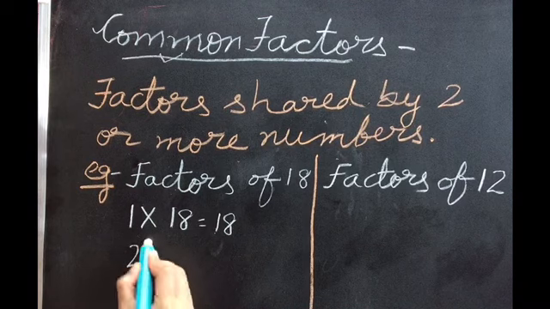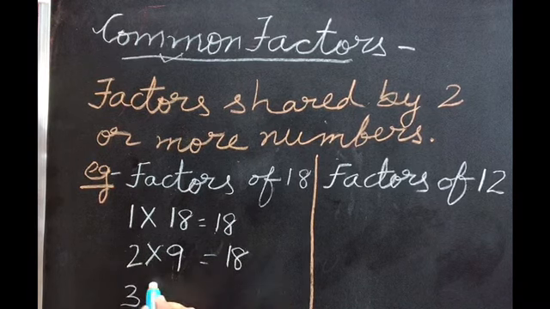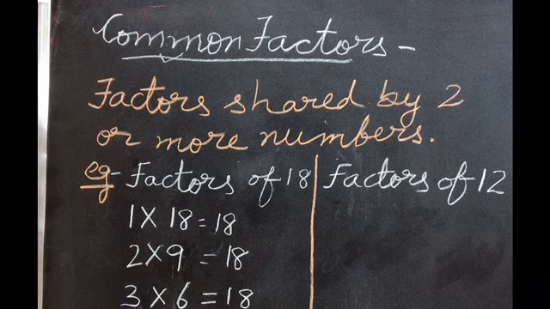Then 2 multiplied by 9 equal to 18. 3 multiplied by 6 equal to 18. 4, 5, 6 we have already included. So what are the different factors? 1, 2, 3, 6, 9 and 18. Fine. So these are the factors of 18.